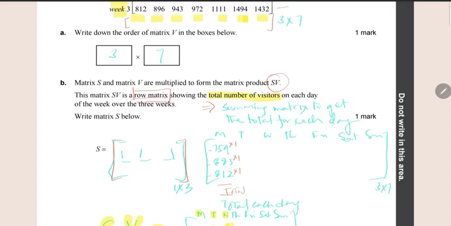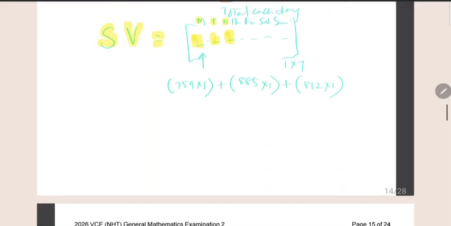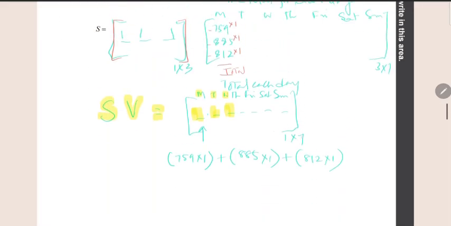Now, another hint is how many answers do I want? So if you look at this particular matrix that I showed you, the total matrix for each day, the answer that we will get over here is a 1 by 7 matrix. Okay, 1 row and 7 elements in them, which is 7 columns. Now, if that is the case, you'll have to check and see.